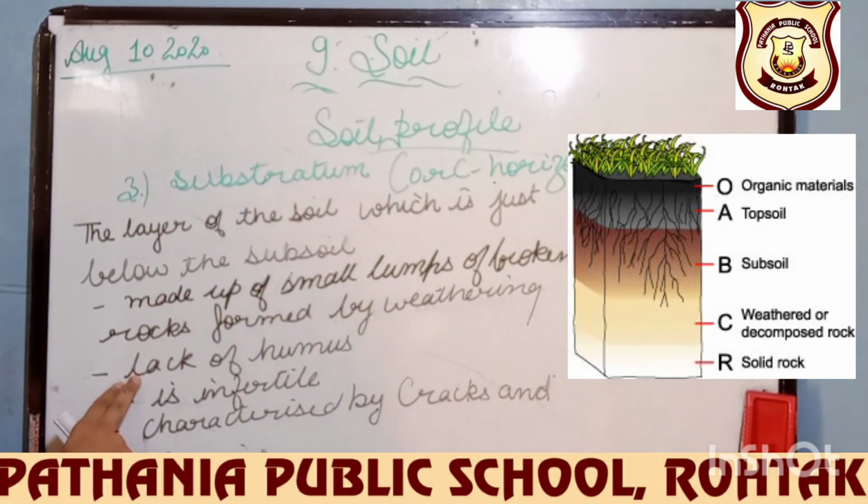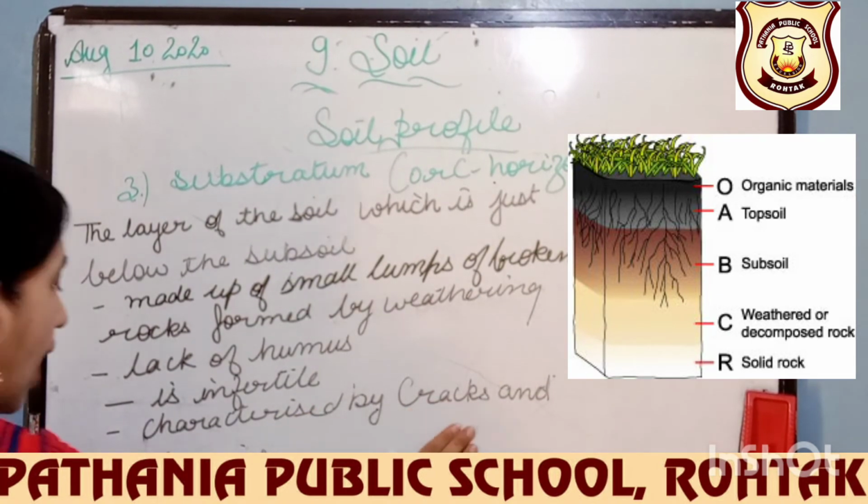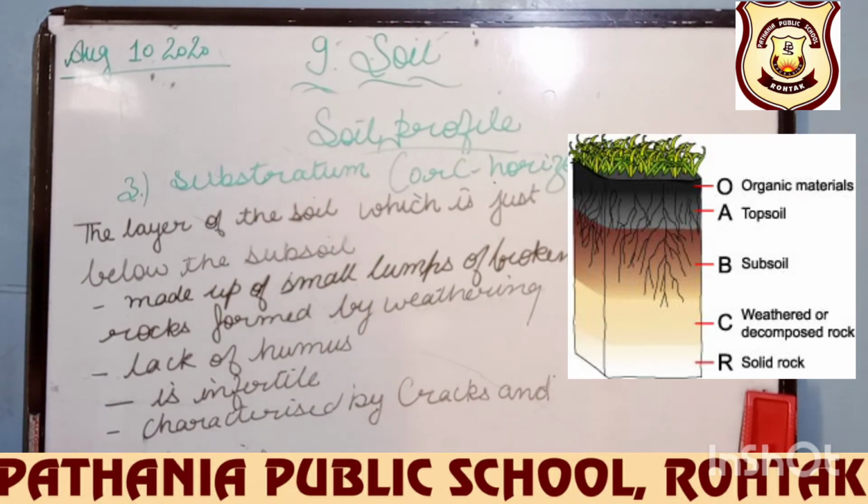This layer lacks humus altogether, and it is basically unfertile beta. This layer is characterized by cracks and crevices also. So this is all about the substratum that is just below the subsoil.